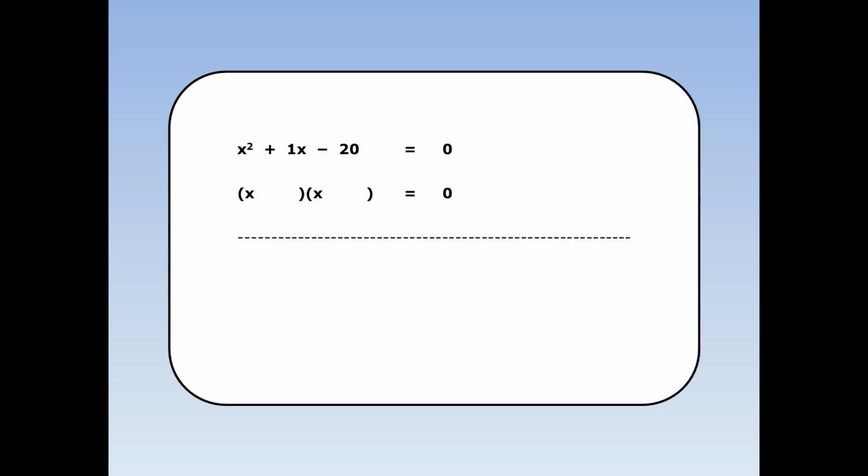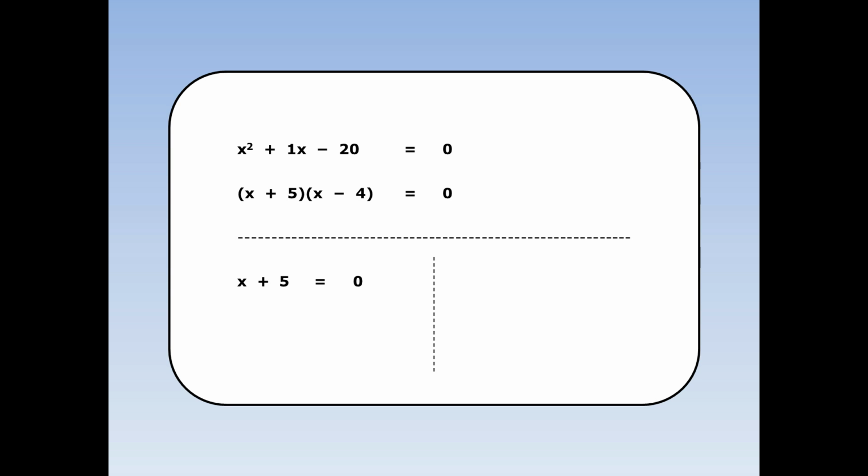So now I can go back to my double brackets and fill in the answers. x squared plus 1x minus 20 is exactly the same as x plus 5 times x minus 4. Now if that's equal to 0, either the first bracket is 0 or the second bracket is 0. And these two will give me my two answers. Let's work out the first one first.